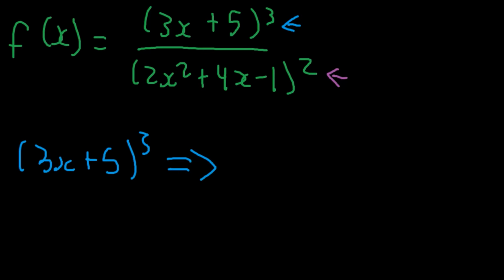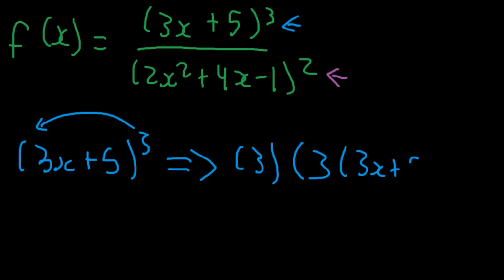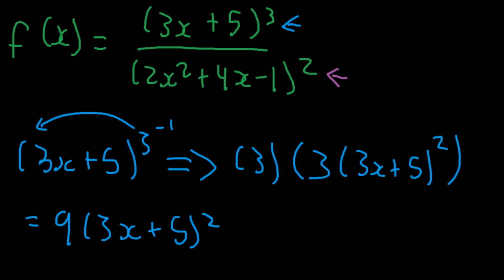So we take the derivative of the inside function, which has a slope of 3, and multiply that by the derivative of the outside function, which is 3, take the exponent down, plop it out front, times (3x plus 5), and we take the exponent down by 1, which is 2. So that simplifies to 9 times (3x plus 5) squared.